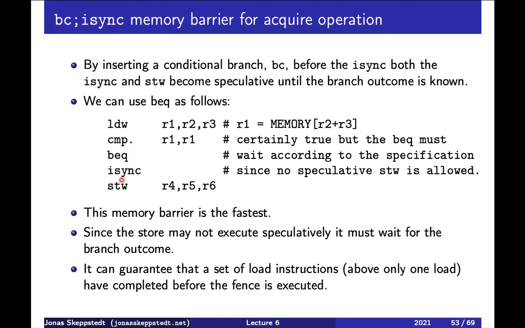Well, since there is a conditional branch, these two instructions cannot start executing because the architecture does not allow them to be speculated, in particular not the store. So that's a way to create this acquire operation.